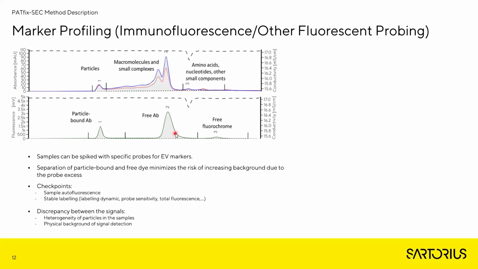This very efficiently minimizes the risk of increasing background due to the excess probe. However, the same applies as in other immunoassays. The critical controls would include checking the autofluorescence of the sample and the stability of the labeling.